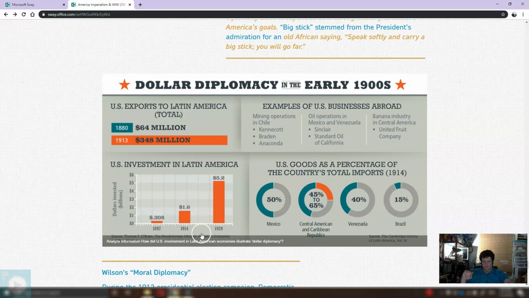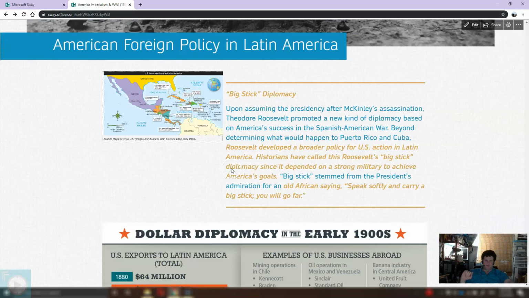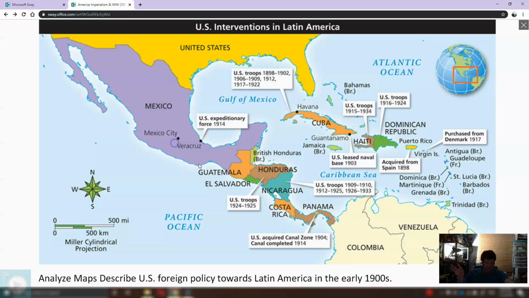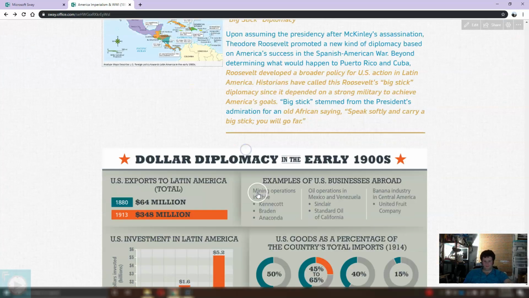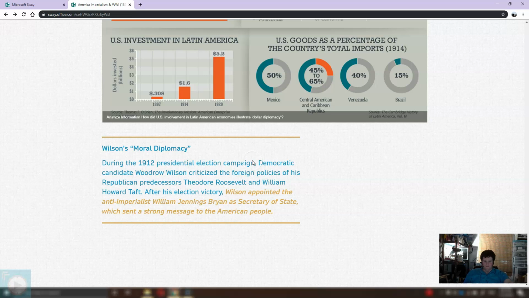But now, while dollar diplomacy is all about the Benjamins, that doesn't mean we don't use the military. If you'll notice, the timeline shows that there are troops running around in this time period as late as 1933. Essentially, the Great Depression is about the only thing that slows down our heavy military intervention in Latin America. But now, when President Woodrow Wilson comes into office, he's going to operate under something called moral diplomacy. He appoints the familiar figure of William Jennings Bryan as Secretary of State, and Woodrow Wilson is against imperialism.